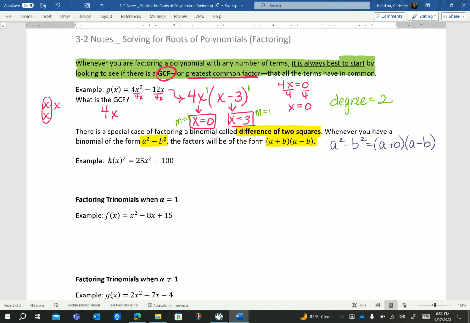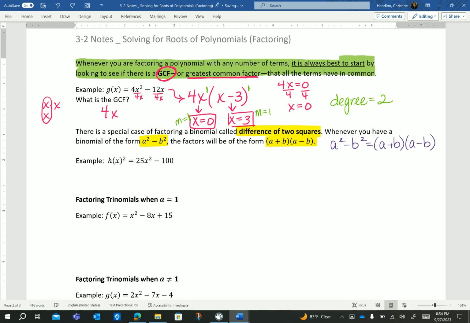It actually doesn't matter how you write it. And the way you get this a and b is, in essence, you're kind of square rooting the perfect squares. That's what you're doing. So here's what I mean by that. Let me take away those square roots because that's just conceptually what you're doing.